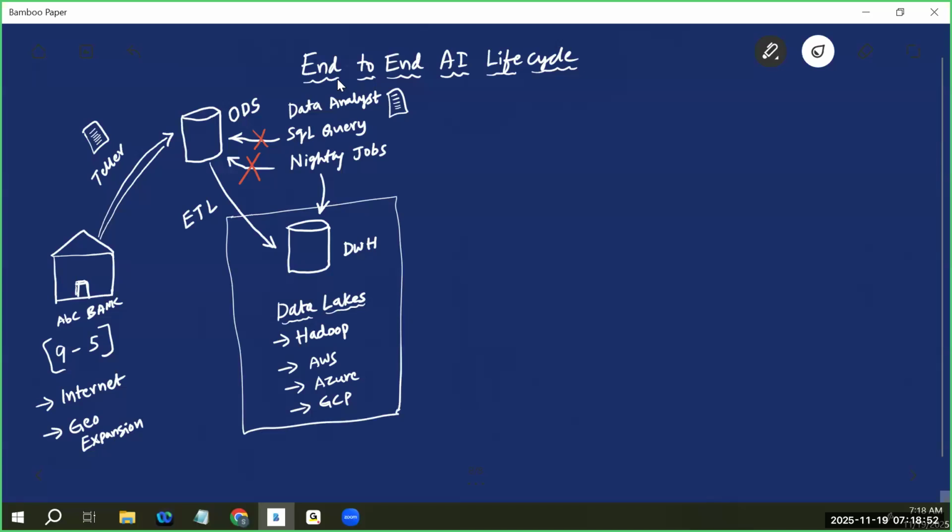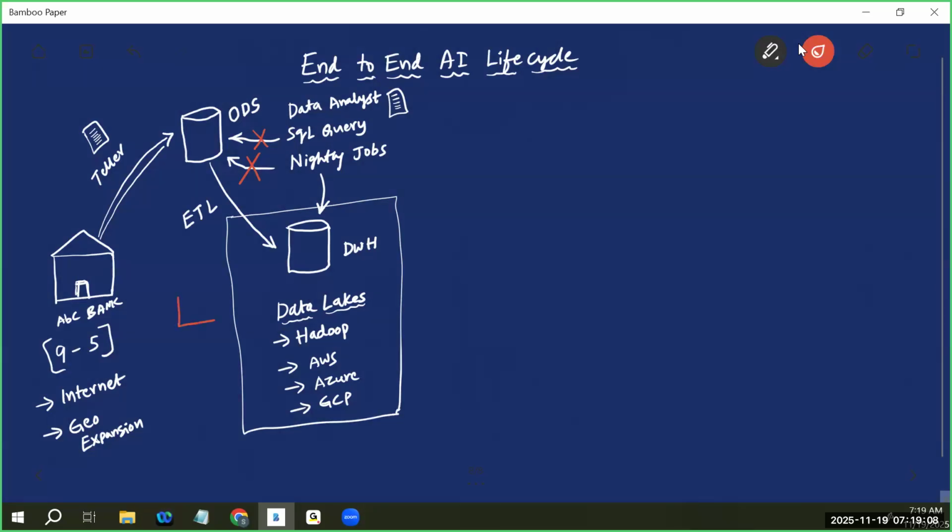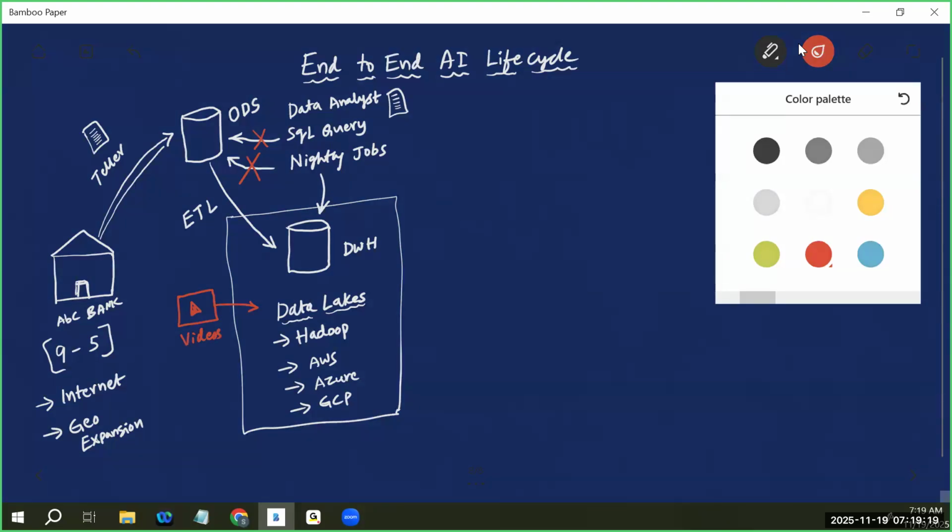Now, data lakes can store a lot of unstructured data. So I can store some videos. I can store some images.